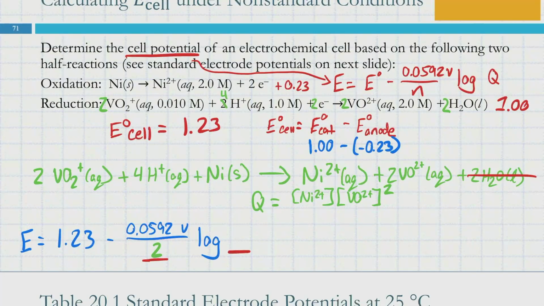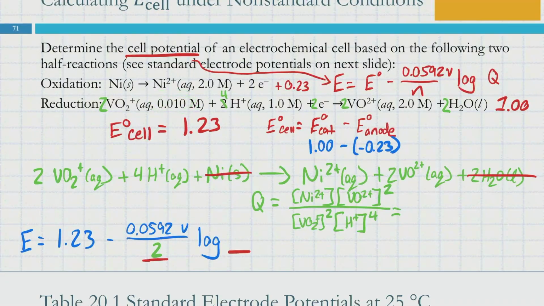It gets excluded from Q. On the bottom, we've got VO2 plus squared. And we've also got H plus to the 4th power. Nickel metal is excluded because it's a solid. So there's our Q.